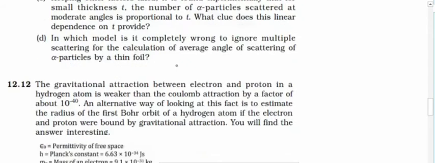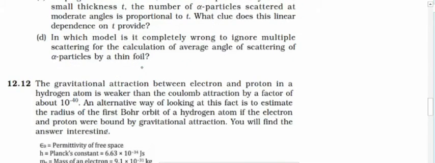Then next, part D. In which model is it completely wrong to ignore multiple scattering for the calculation of average angle of scattering of alpha particles by a thin foil? The possibility of multiple scattering is more in the case of Thomson's model. What is the reason we need to consider multiple scattering there? Because according to Thomson's model, the positive charges are distributed in the atom.